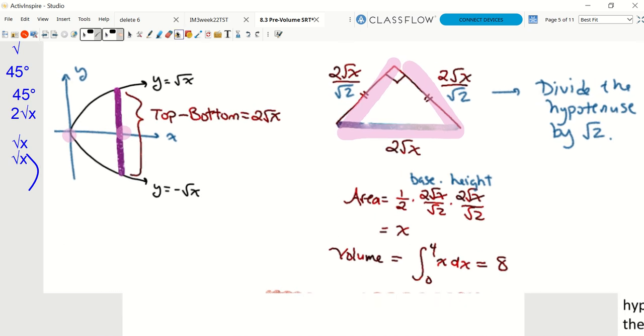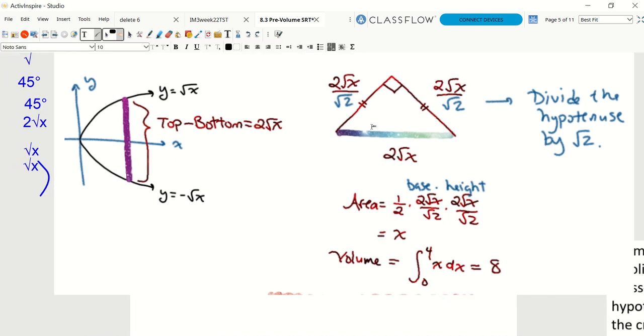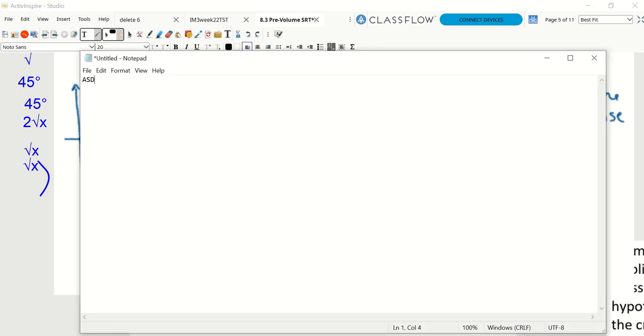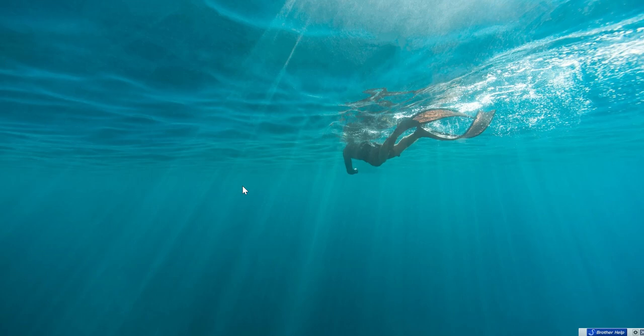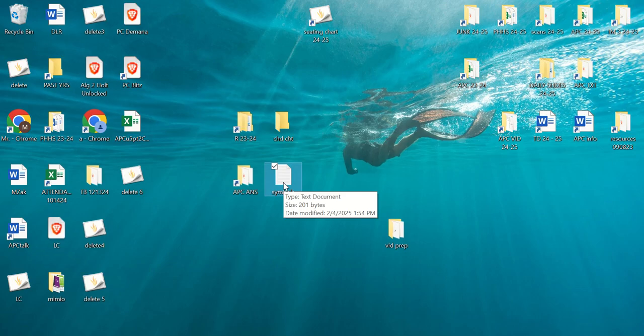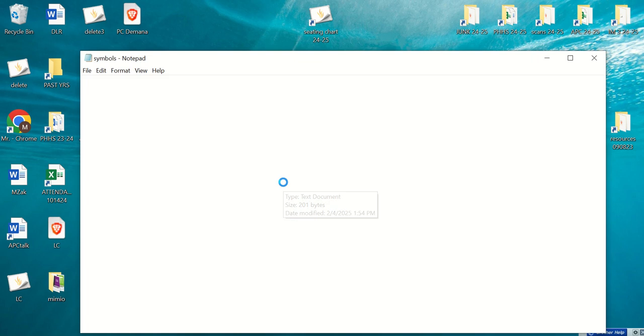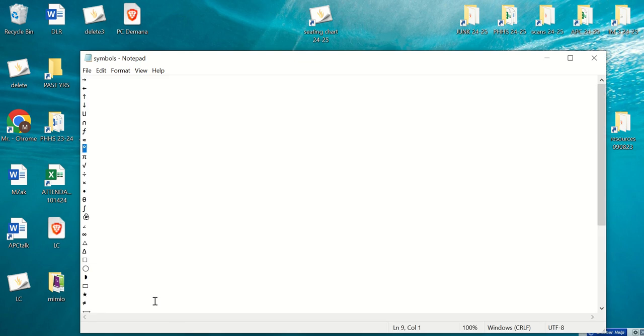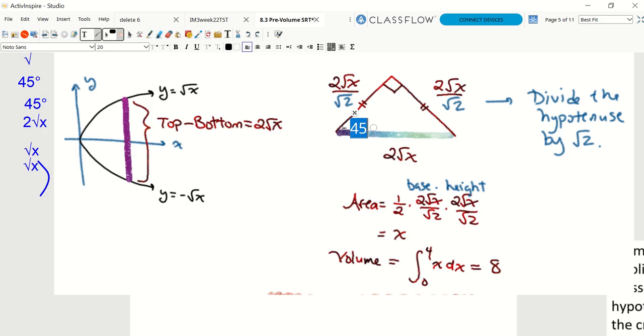Now, isosceles right triangle means this is 45 degrees, 45 degrees.